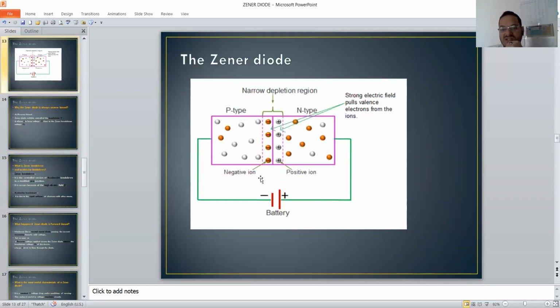Now this image illustrates the narrow depletion region after the strong electric field.